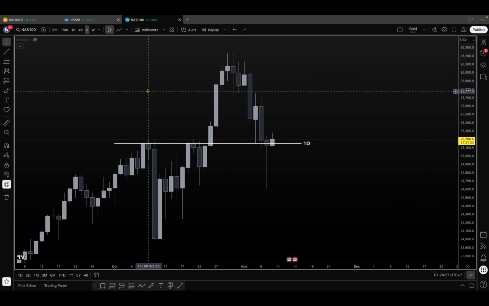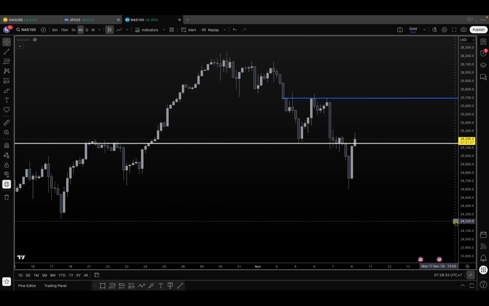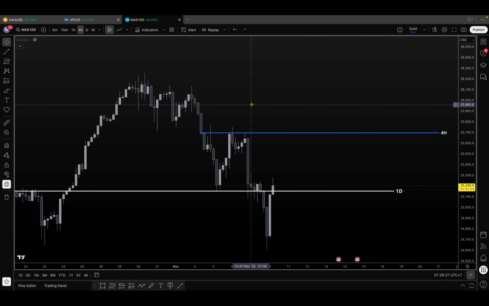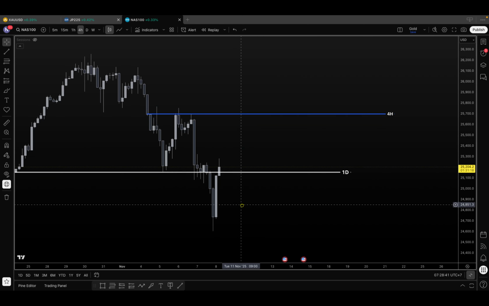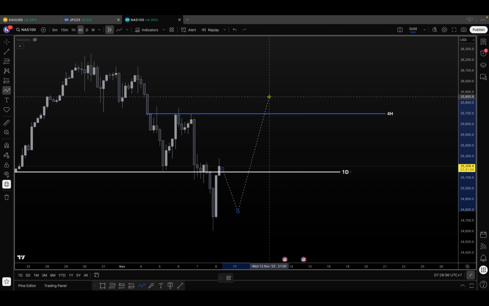I look at daily, there is potential for long, but on 4H the trend is now a downtrend. So I have to wait for the price either to break this level or create a double bottom right here, somehow like this. Then I can anticipate going long up here.